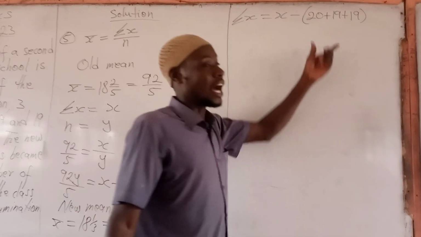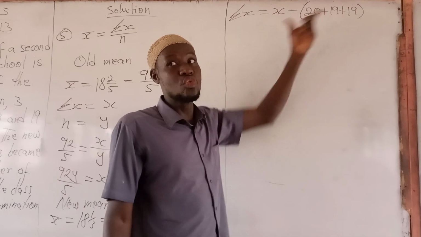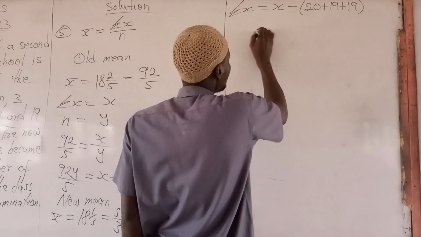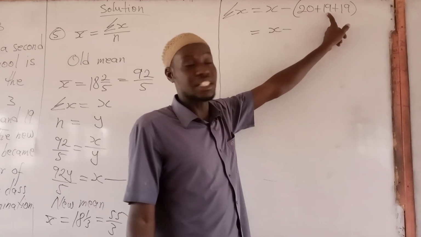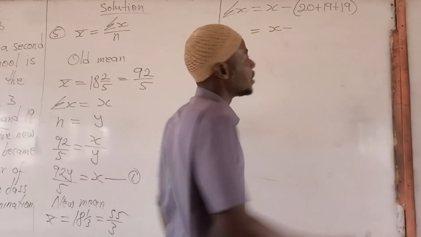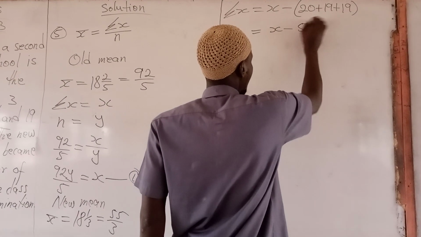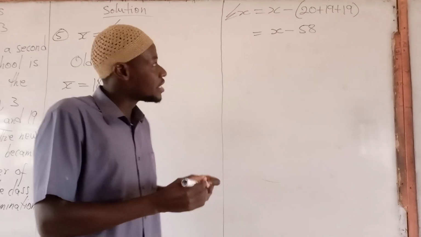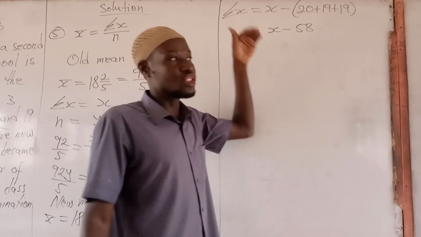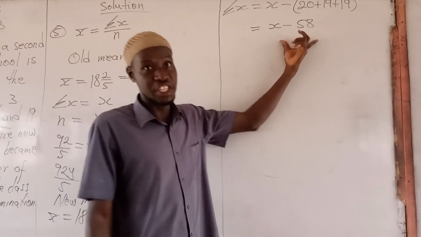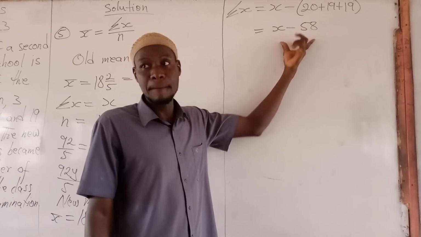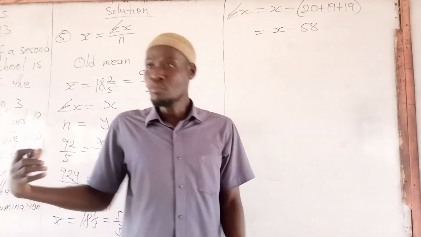So if we simplify this, we have x minus 20 plus 19, 39, plus 19, 58. And so the sum of the ages of the students after the promotion exams will be reduced by 58. And this sum gave us the new mean.